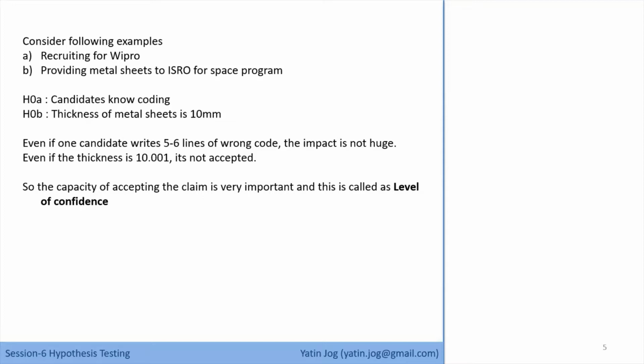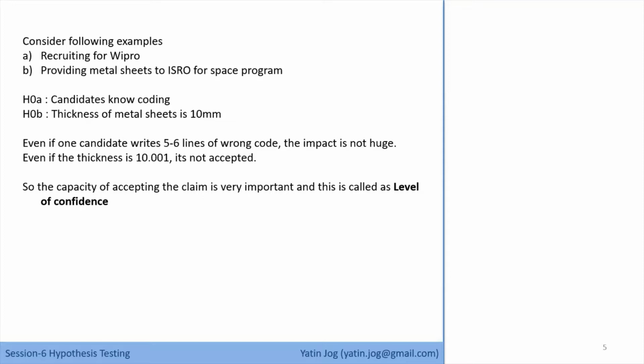I know that even if that much error is there in the code, I can accept that error and take that candidate. So confidence level also shows how much error you are ready to accept and how much error you can take and go ahead with in your business.